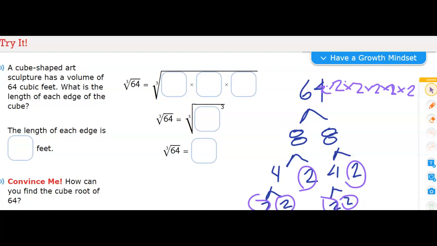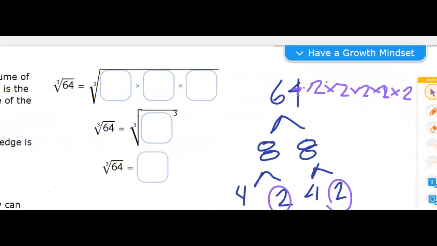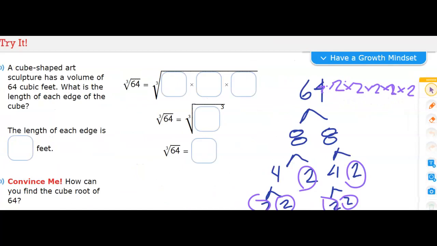Now you take your prime numbers and, because we're looking for a cube root, you're going to circle the same number in groups of 3. So there's 3 2s here, and then there's 3 2s here.